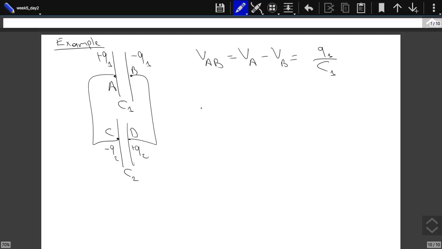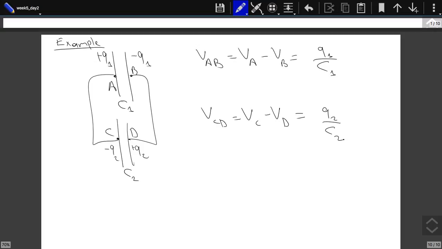Now let's look at VCD. This is VC minus VD. Well, this is also Q2 over C2. Now the critical thing is, is it positive or negative?